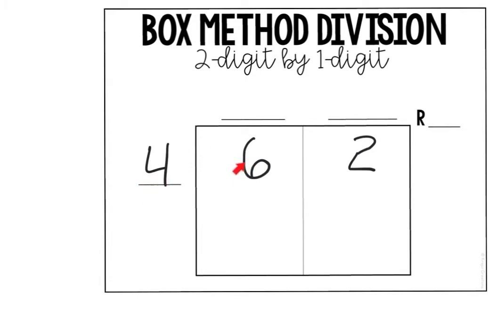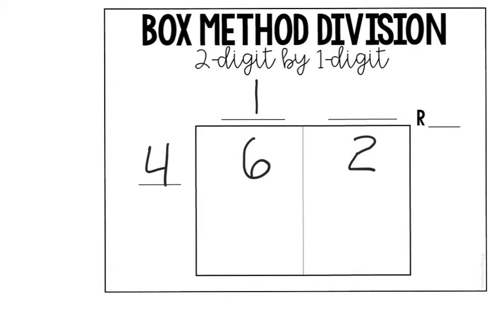I could fit 1 four into 6 because that would equal 4. 4 times 1 is 4, so I could do that. Could I fit 2 fours into 6? 4 times 2 is 8. That's too many. I could not do that. I could only fit 1 four into 6. So that part was the dividing. I can only fit one of them.